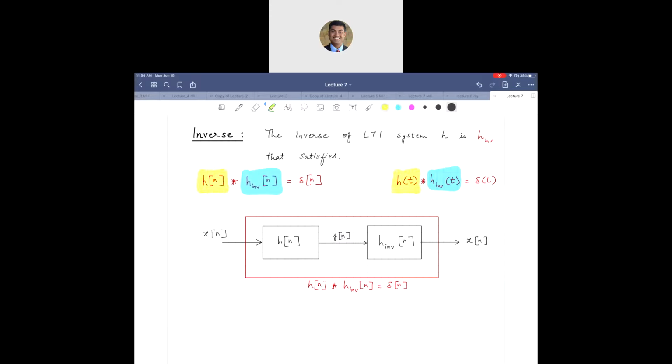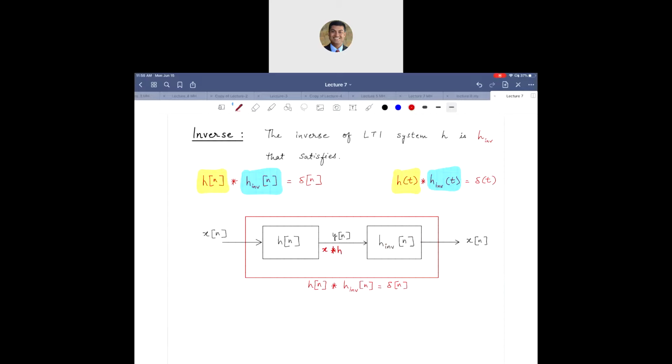I get back what I have if I go through H inverse, is essentially what this means. So consider this. X of n is the input. If it goes through an LTI system with impulse response H of n, I get Y of n. Y of n we know can be written as X convolved with H. And if I now go into another LTI system with an impulse response H subscript inv, if I get back my X, then this will be considered the inverse.